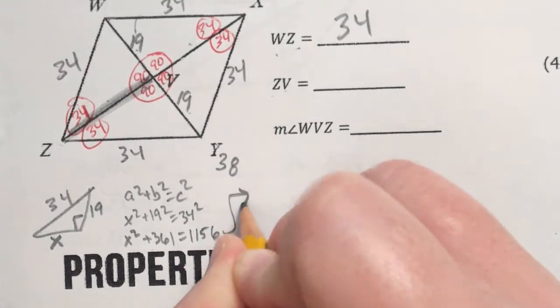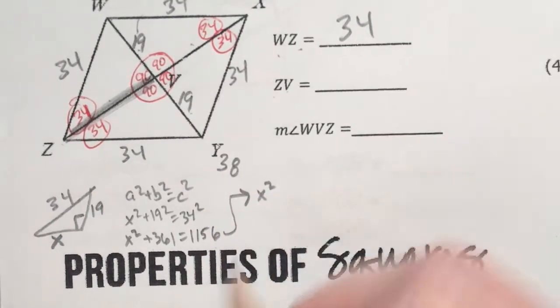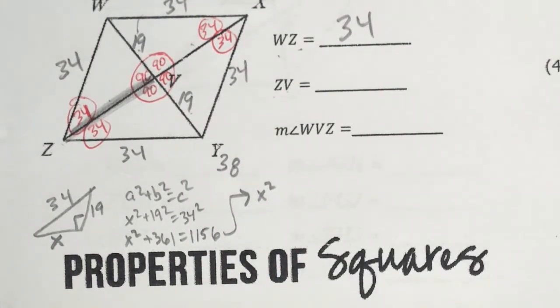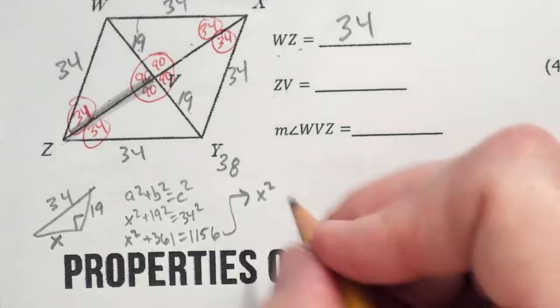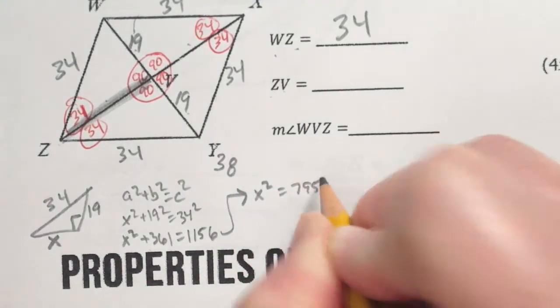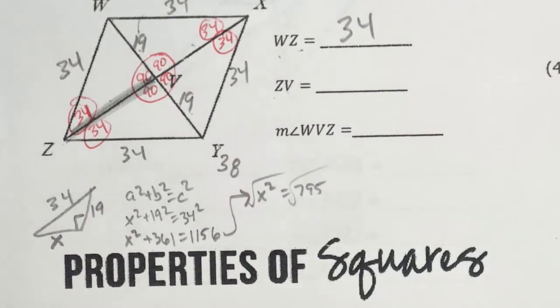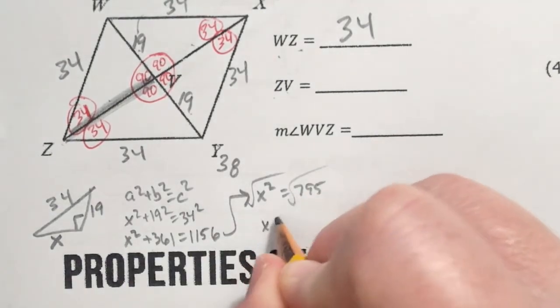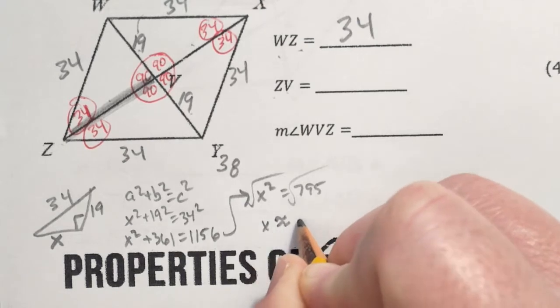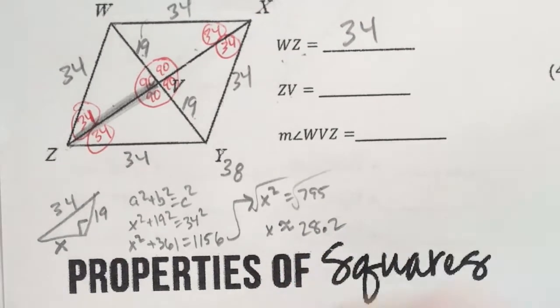I ran out of room, so I'll put it up here. I'm going to subtract 361 from both sides. I get 795. We're going to square root both sides. And we get approximately 28.2. Approximately.